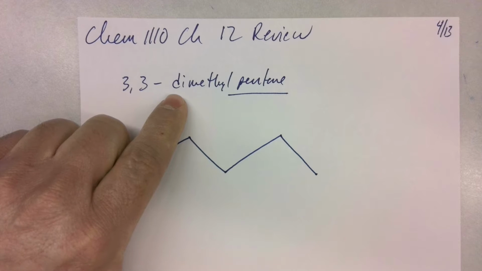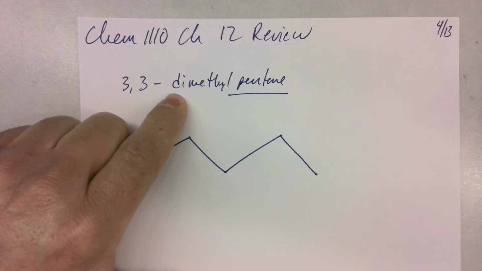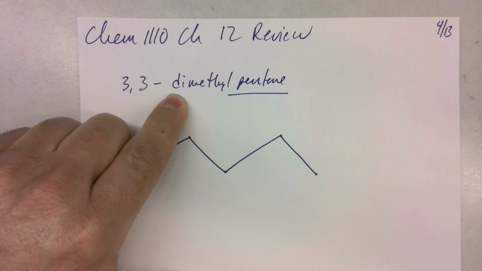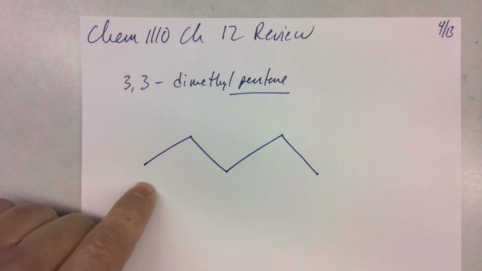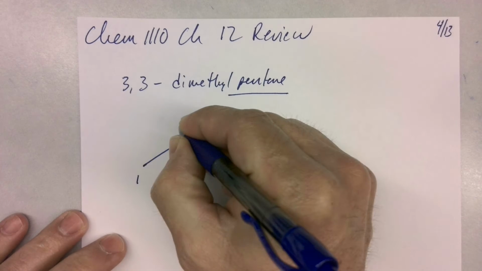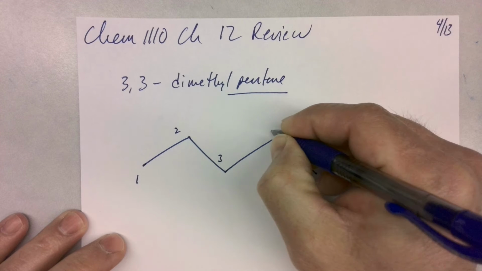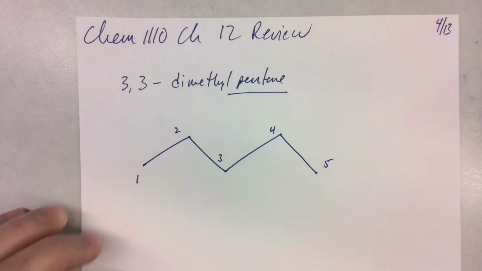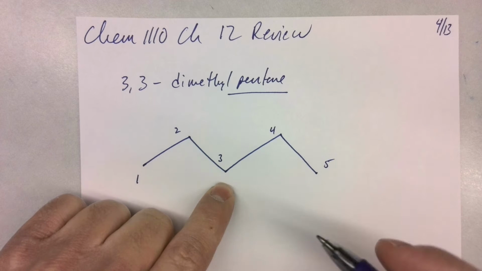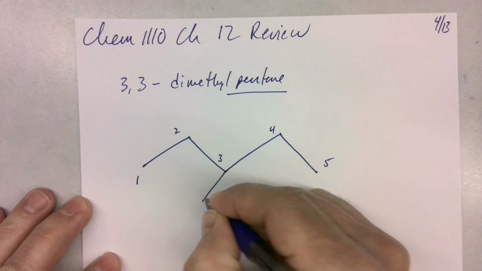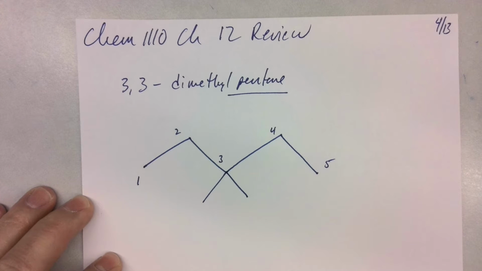Now, this is 3,3-dimethyl. So, di means I've got how many of them? 2 of them, which has to match, signifies I've got 2 numbers. These are both coming off the third one. So it would go 1, 2, 3, 4, 5. So right here I would have, and it doesn't matter how you draw this, 1 there and 1 there, right?